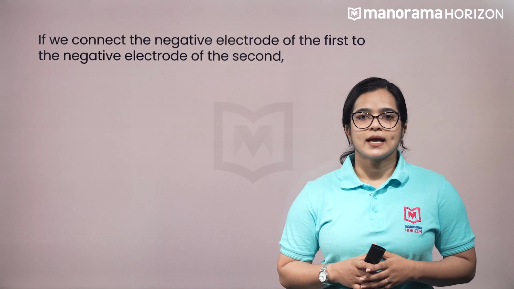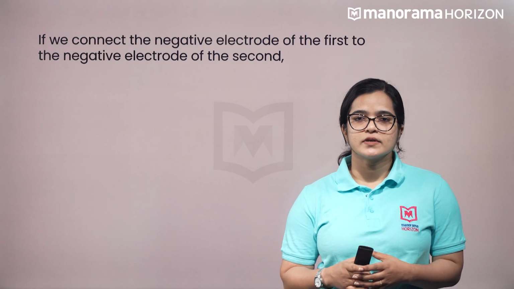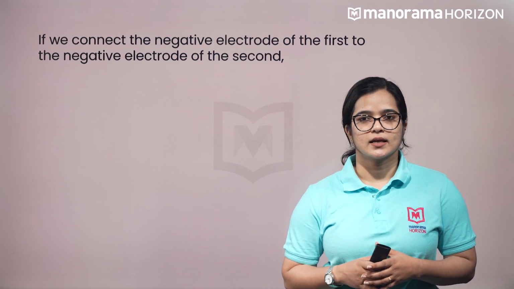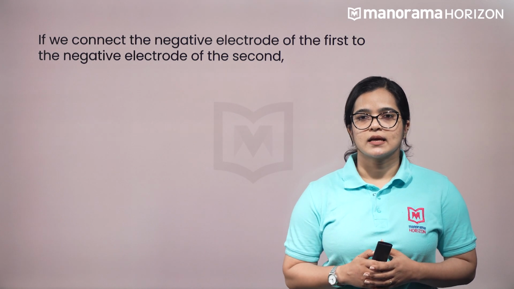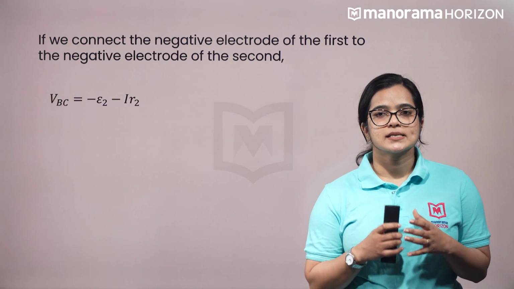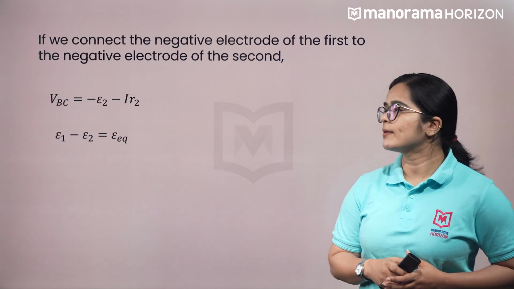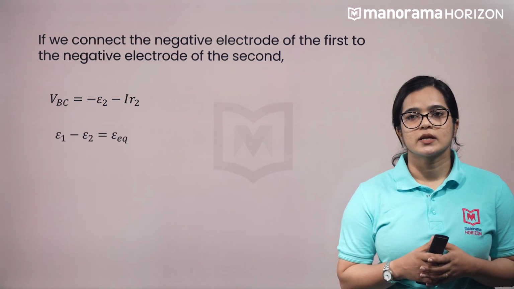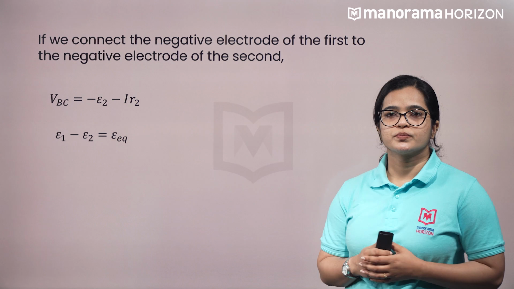We had initially connected the negative electrode of the first to the positive electrode of the second. If we connect the two negatives, then V of BC will be minus E2 minus I R2 and the equivalent EMF will be E equivalent equals E1 minus E2.